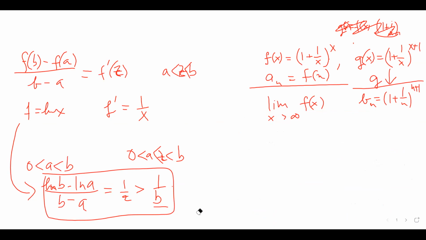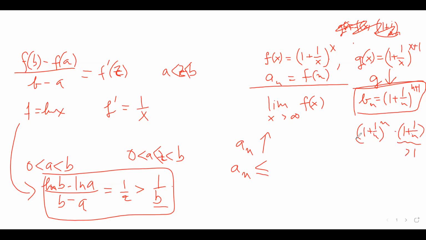Before, we established that the sequence an is increasing. Now you need an upper bound to show that the limit exists. But an upper bound is very easy if you know that this sequence is decreasing, because an is always less than bn. As I mentioned, bn is this times this, and this factor is bigger than 1, and this is exactly an.